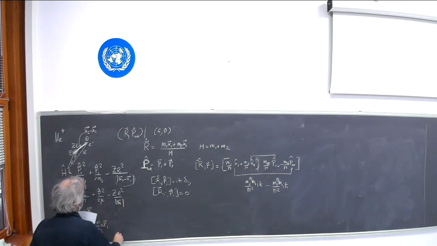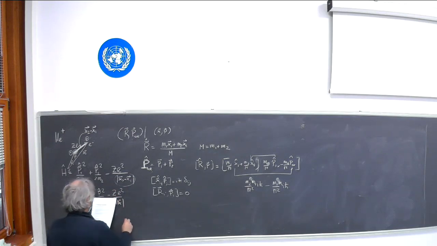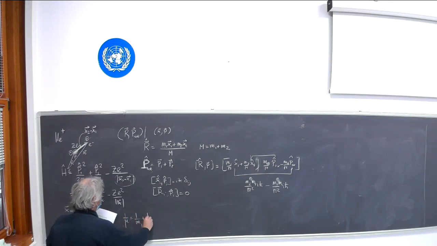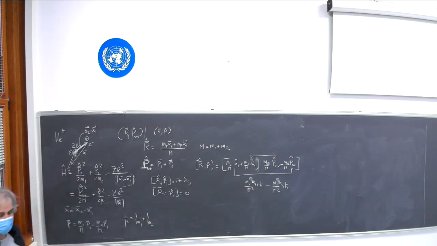So the reduced mass is a very strange object. 1 over the reduced mass is equal to 1 over m1 plus 1 over m2.